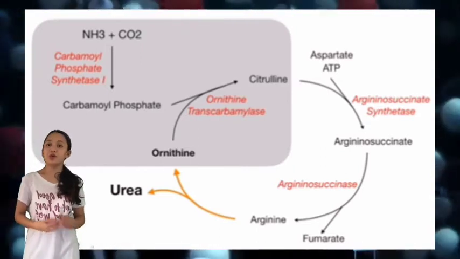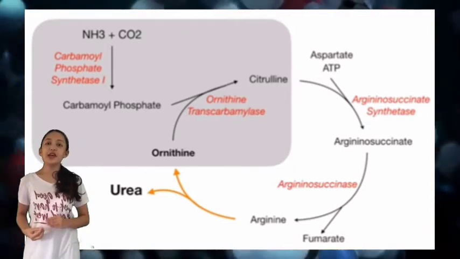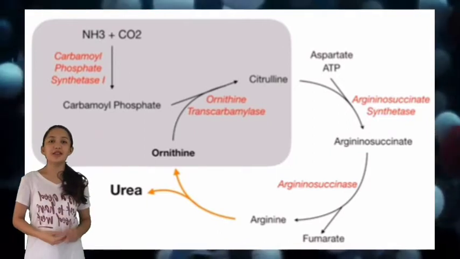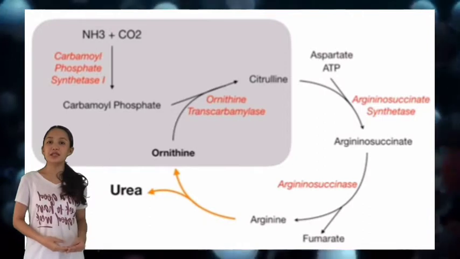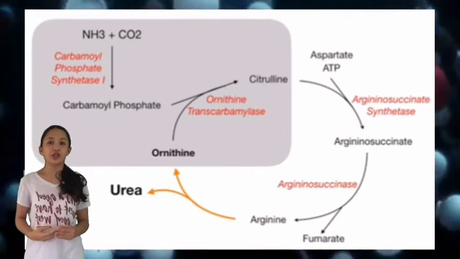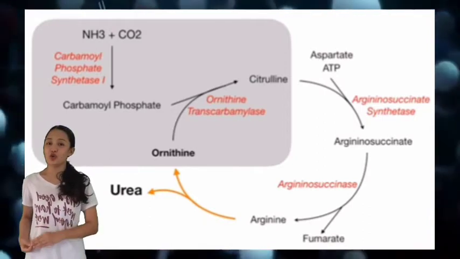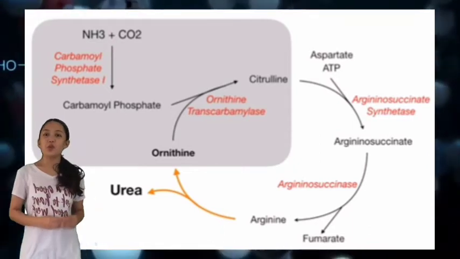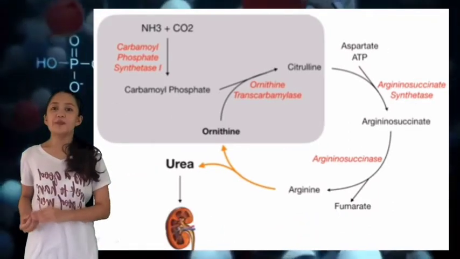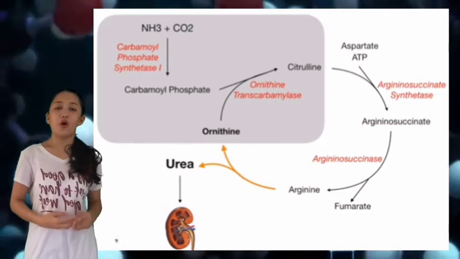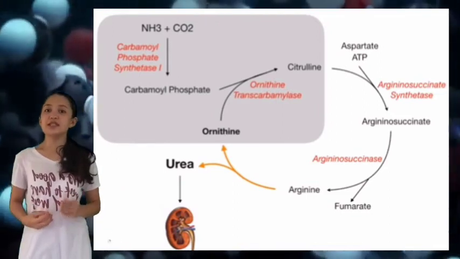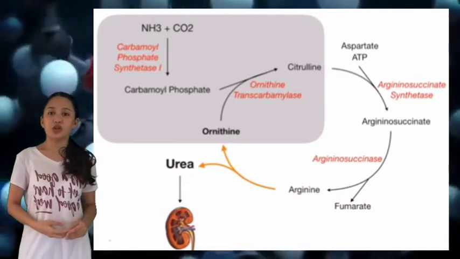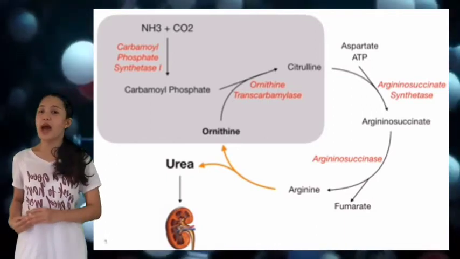We started with ammonia, the NH3, and we've sent it through a series of reactions, and in the process, we've packaged the ammonia into urea. The urea will then go to the kidney and be excreted in the form of urine. In a normal, healthy individual, this is exactly what must occur in order to get that ammonia outside of the body.